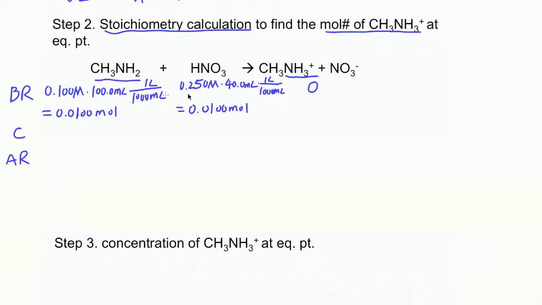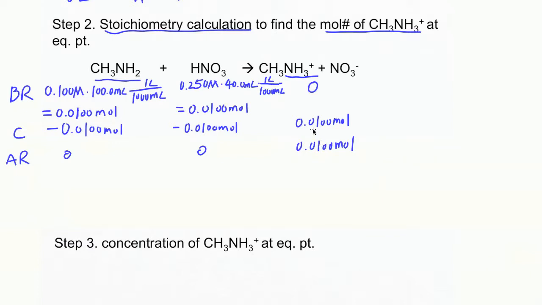The change, because this is a 1-to-1 ratio, all of the reactants are gone when you reach the equivalence point. So the change is negative 0.0100 mol for both reactants. And then you are going to generate 0.0100 mol of this weak acid. So after reaction, both reactants are gone, and you have 0.0100 mol of this weak acid.